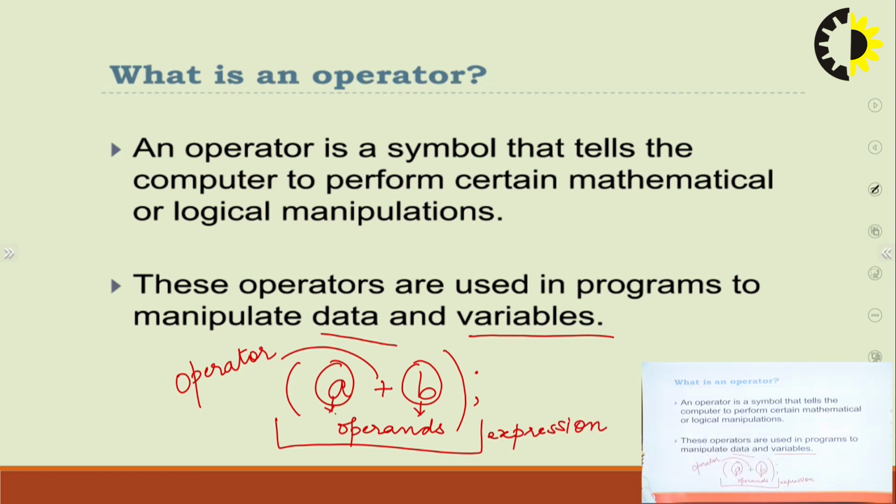Right? Now, when you evaluate these operands with the operator, means when this operator evaluates both operands into some variable, let's say the variable name is int x, okay, let's forget this int, only x is there. Then when the sum of A and B will be stored in this x, then this whole becomes a statement.